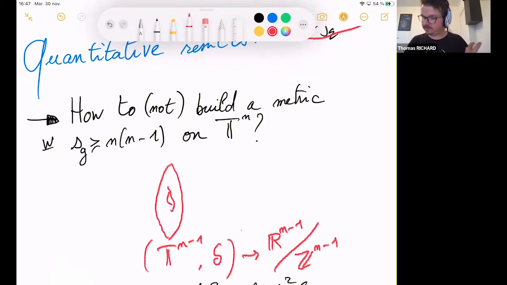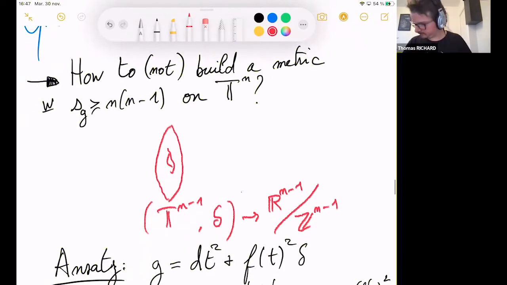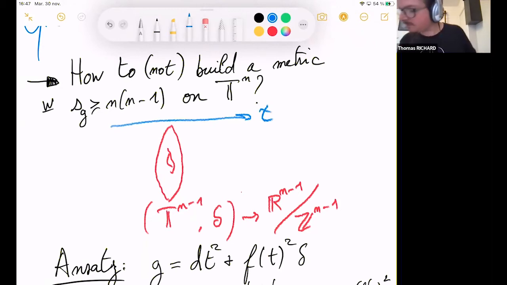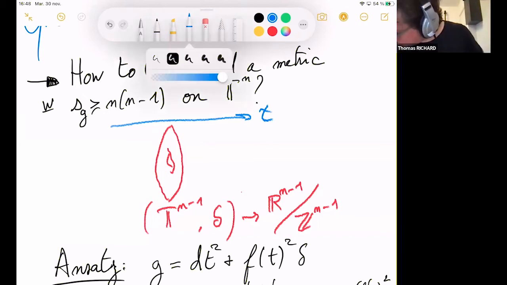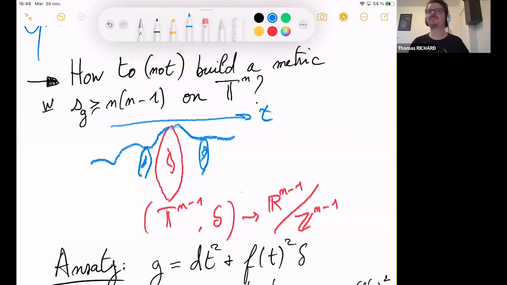And then I will try to do what is called a warped product construction, where I add a direction, let's call it t. I add a t dimension, and then I will try to change the size of my torus in such a way that the curvature is positive.